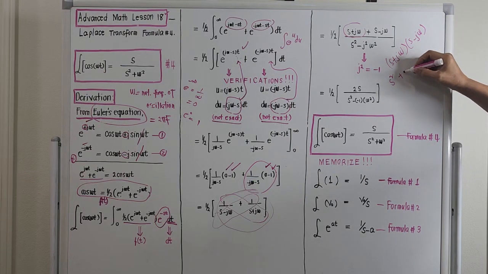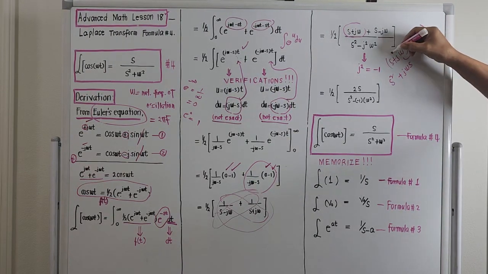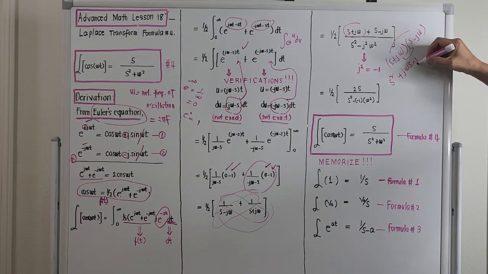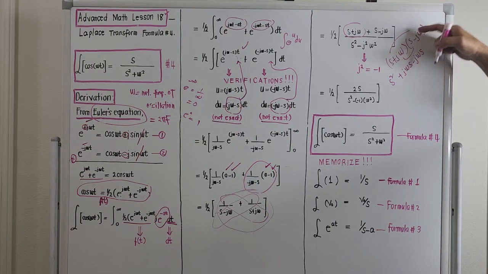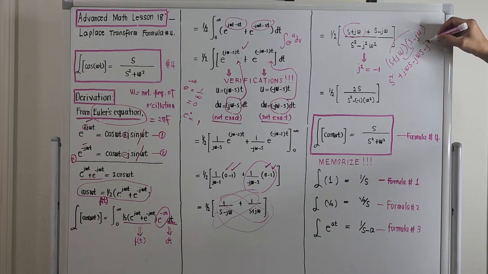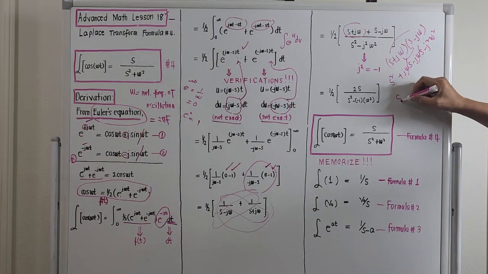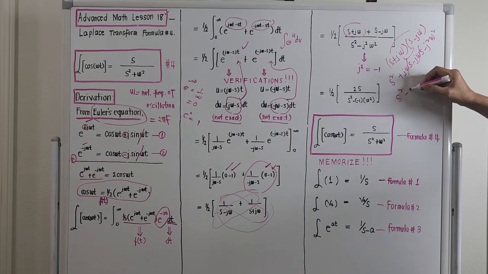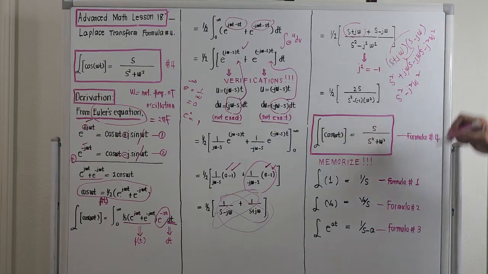Middle term is j omega s, the product of this, plus this minus j omega s, and the last part will be j times minus j, which is minus j squared, and omega times omega is omega squared. So actually this cancels. So what comes out is s squared minus j squared omega squared.